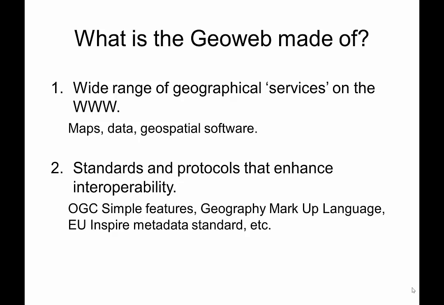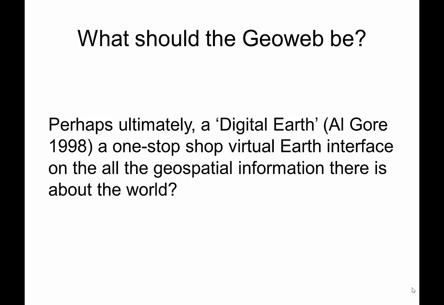Well, things like the OGC Simple Features standard that we saw for databases, but also things like the Geography Markup Language, GML, which is used to exchange geographic data across the internet. Also things like the EU Inspire metadata standard, which we met at the end of last term as well. So the whole variety of these standards which enable the various bits of software to talk to each other and communicate with each other.